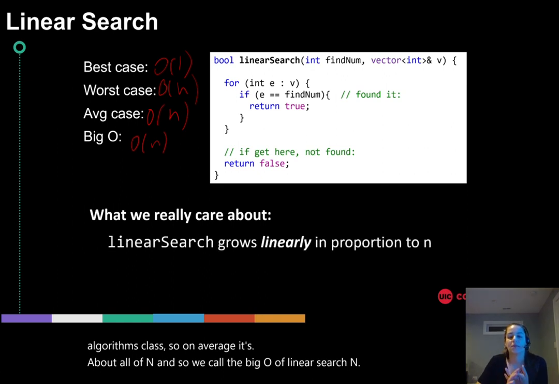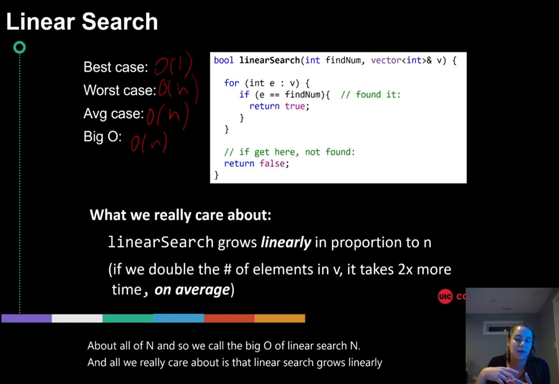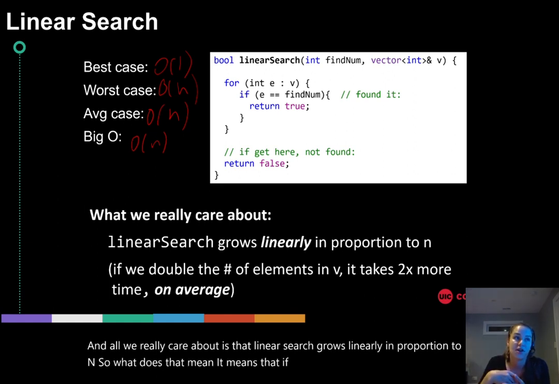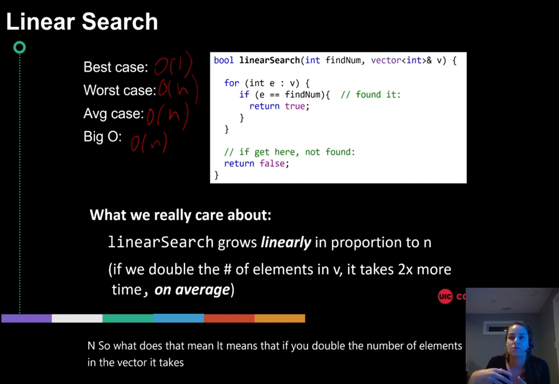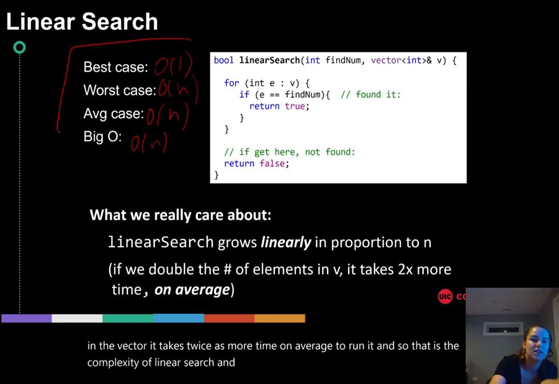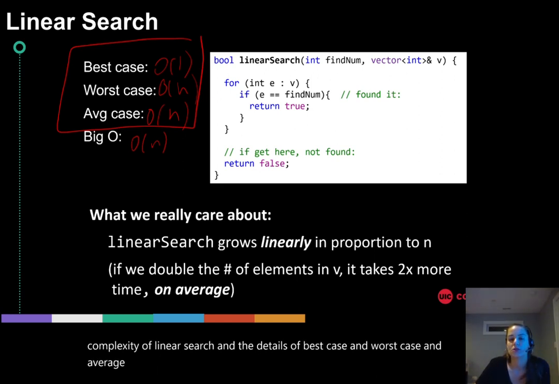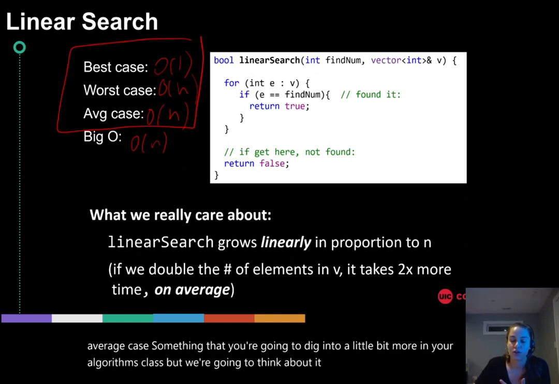All we really care about is that linear search grows linearly in proportion to n. What does that mean? It means that if you double the number of elements in the vector, it takes twice as much time on average to run it. And so that is the complexity of linear search. The details of best case, worst case and average case are something you're going to dig into a little bit more in your algorithms class, but we're going to think about it for each of the algorithms that we talk about.